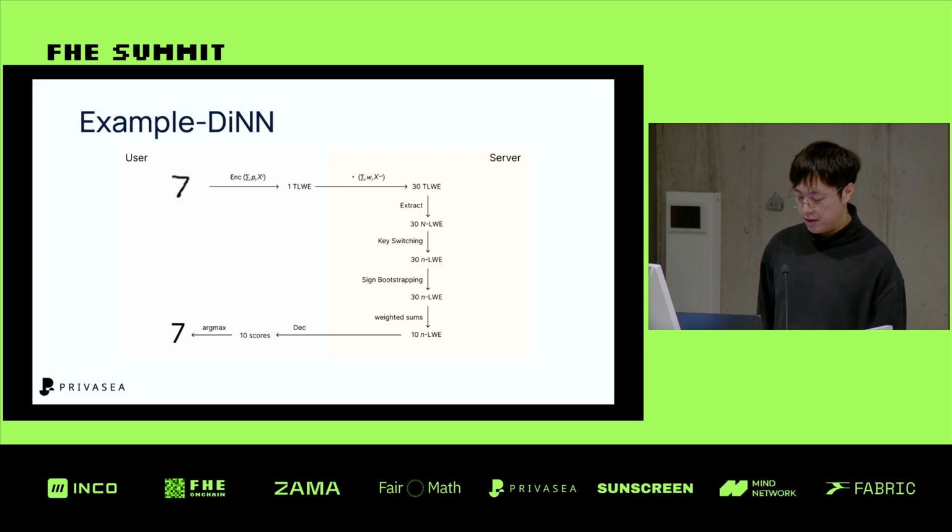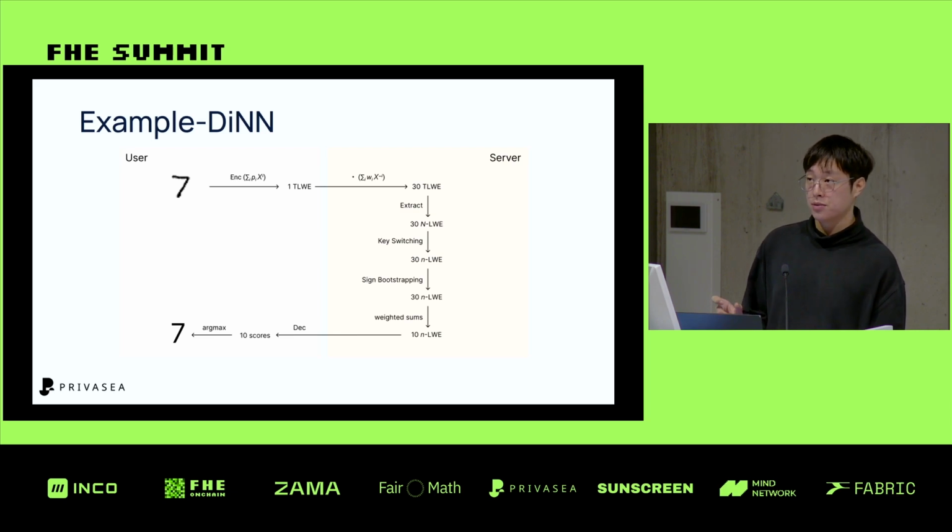This is a famous DINN, or we say DIN, demo for handwritten digit recognition. So we use FHE to encrypt the whole image and upload it to the server. Then the server can recognize accurate numbers from the ciphertext image and return the ciphertext result.